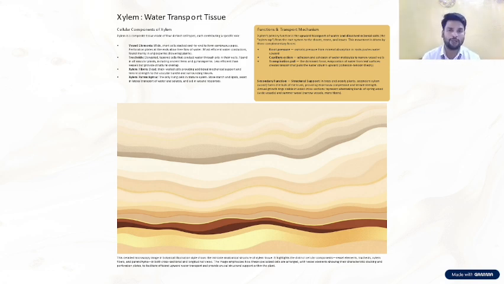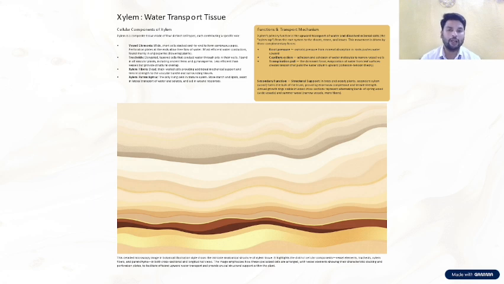Then capillary action: adhesion and cohesion of the water molecules to the narrow vessel walls. That's why the water gets transported from the root to the shoot. Then transpiration pull, the dominant force: evaporating water from the leaf surface creates a tension that pulls the water column upward.